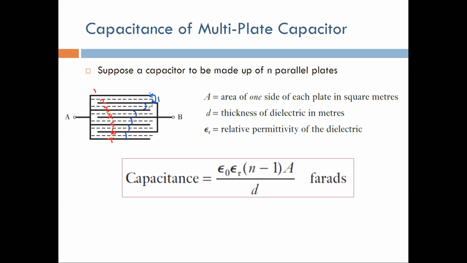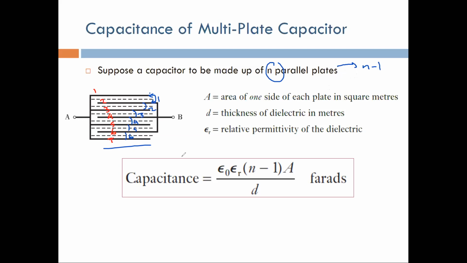We have 1, 2, 3, 4, 5, 6 capacitors from 7 lines, because the seventh one doesn't have anything next to it to add a 7th capacitor. So whenever you have n plates, you expect n-1 capacitors that are equal. They have the same area, the same thickness, the same epsilon r, but they are all placed in parallel.